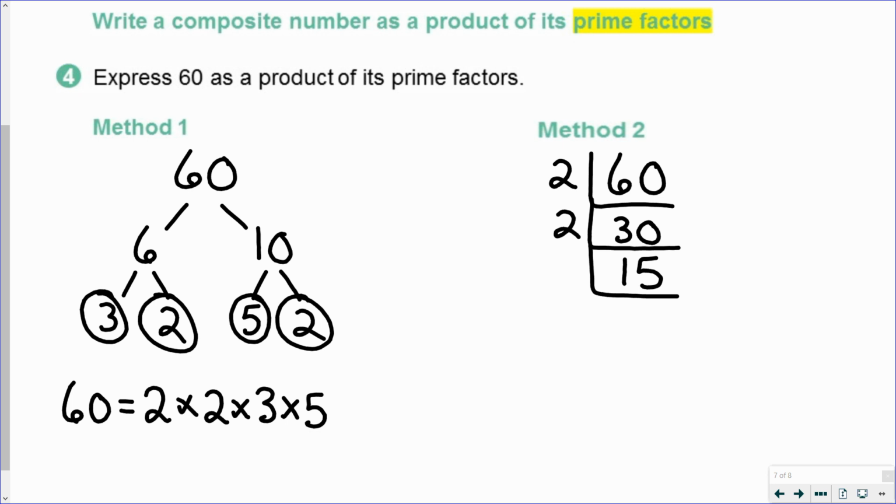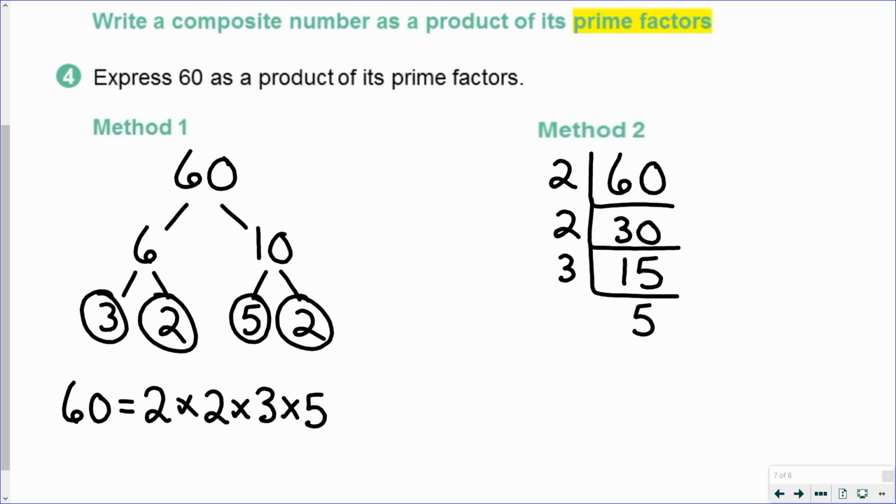15 is not a prime number, but however, we cannot divide 15 by 2, so we look at our next prime number, which is 3. And we can take 15 divided by 3 to get 5. 5 is a prime number, and we do stop. One thing that you want to make sure you do with this method is that the only numbers you put off to the side, make sure that they are prime numbers.